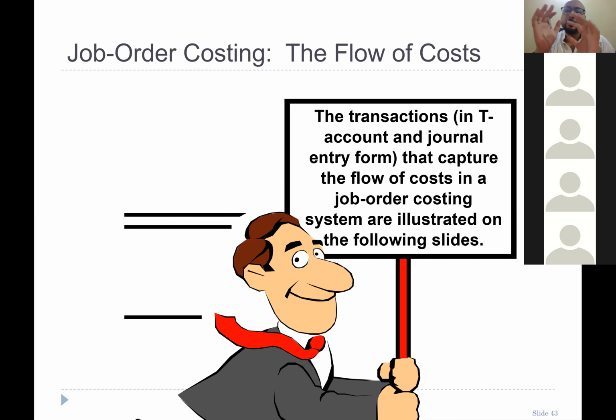From T accounts, the flow of accounting data goes to the trial balance, the income statement, then the retained earnings statement, then the balance sheet, and the last one is the cash flow statement. But our agenda here is just to understand the journal entries and to put those journal entries into the ledger or T accounts.